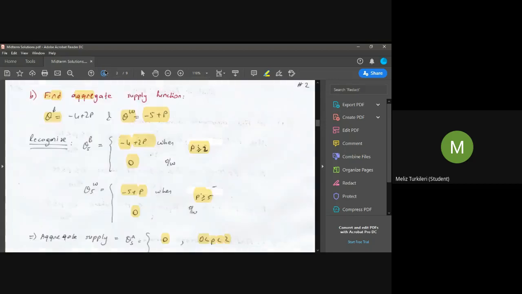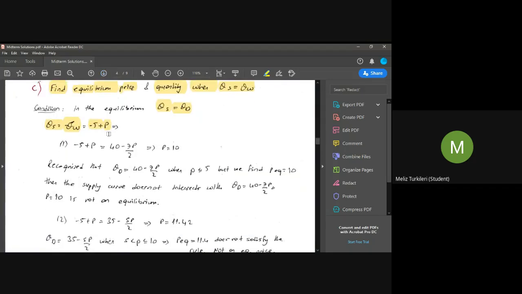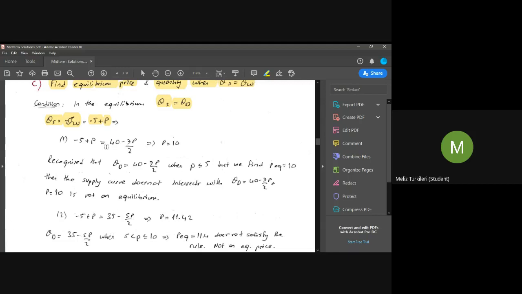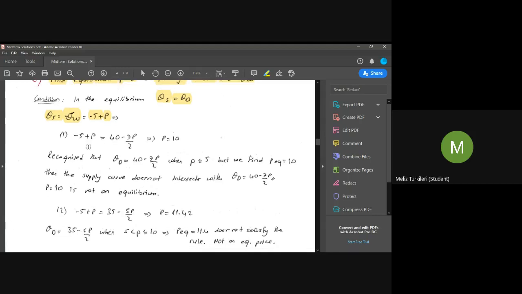Let's check again. Start with the first graph. We know that our supply function is minus 5 plus p, and the demand function is 40 minus 70p divided by 2. Find the price level. If you do this equalization, you will find that price is equal to 10.